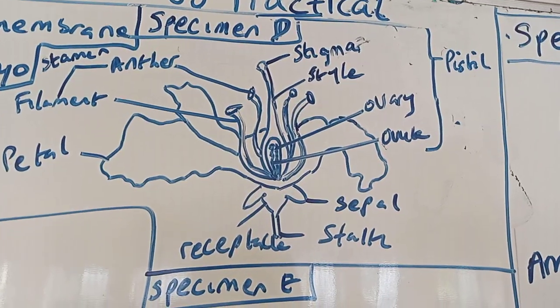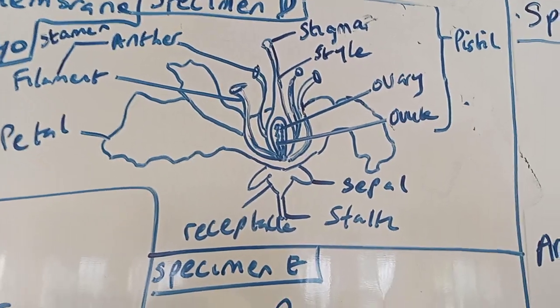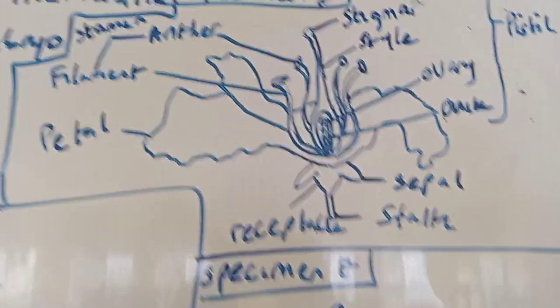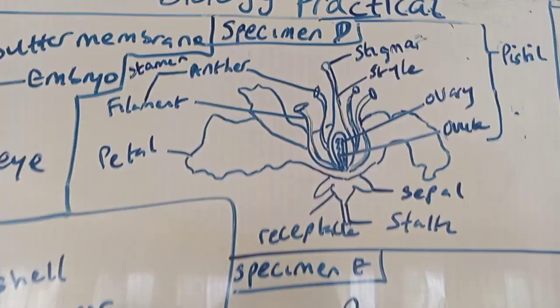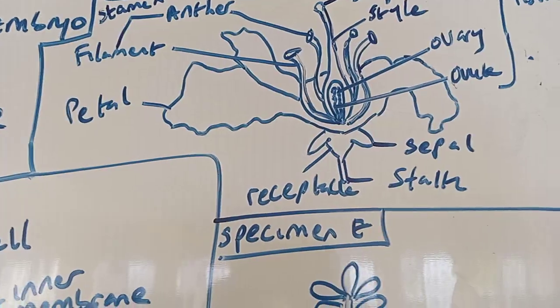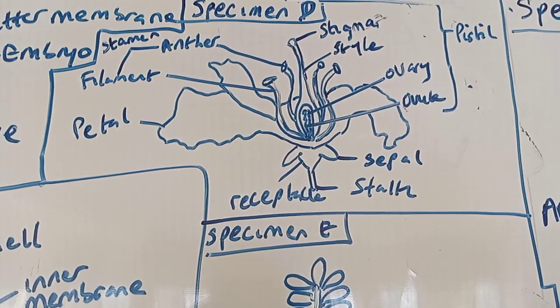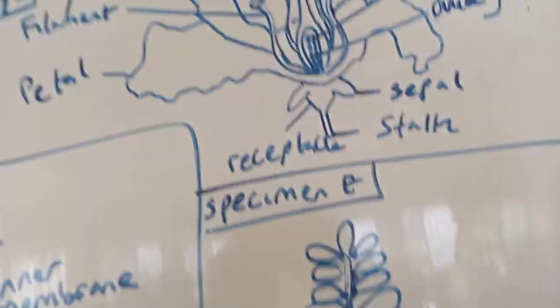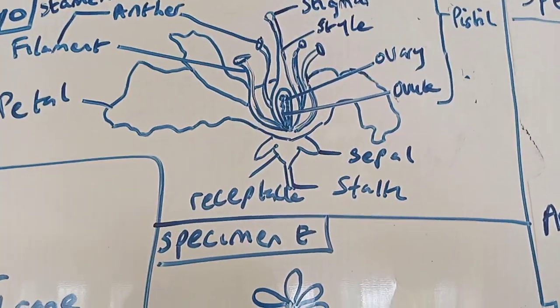These 4 make up the pistil, the female reproductive part of the flower. Then we have the anther and the filament. Both of them make up the stamen, the male reproductive part of the flower. We have other things: the petal, the sepal, the stalk.